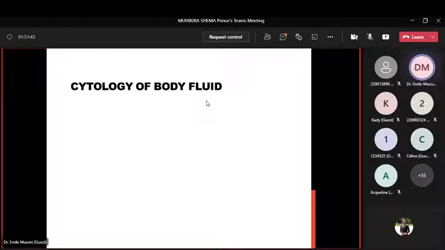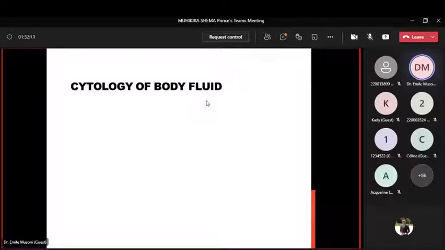These are called body fluids. Body fluids are used for early detection and screening of disease. For example, if you find some malignant cells in the urine or peritoneal fluid, or inflammation, features of TB or another inflammation.